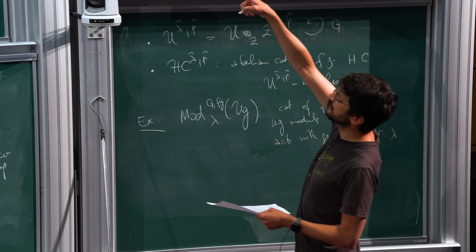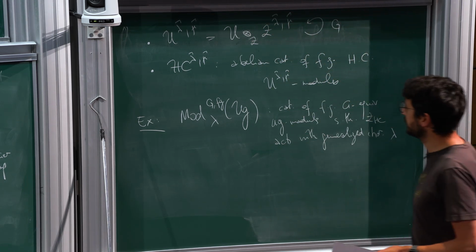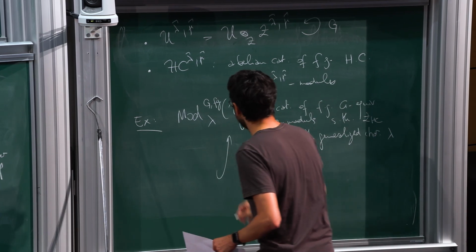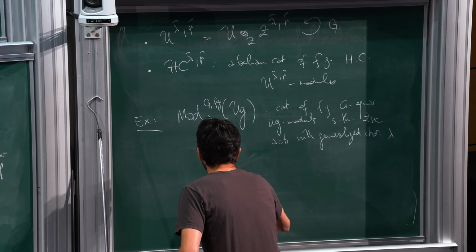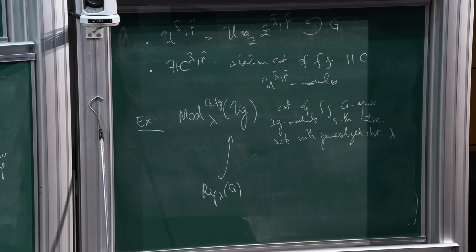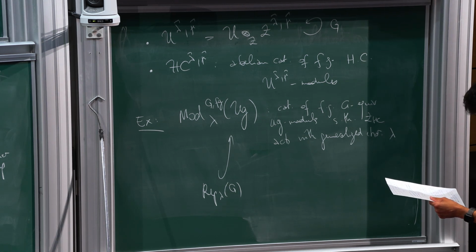I explained that G-equivariant UG modules contain, in particular, G modules, and in here the corresponding subcategory will be something very important in representations of reductive groups over fields of positive characteristic.